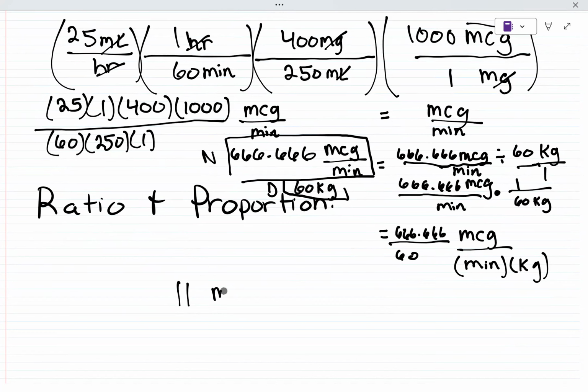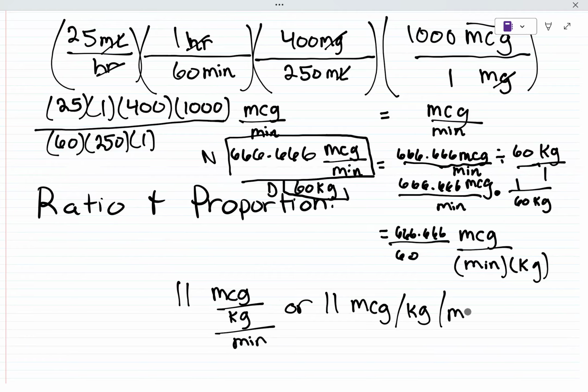So you're left with mcg per kilograms per minute. Or you can say 11 mcg per kilograms per minute, all slanted like this or like this.